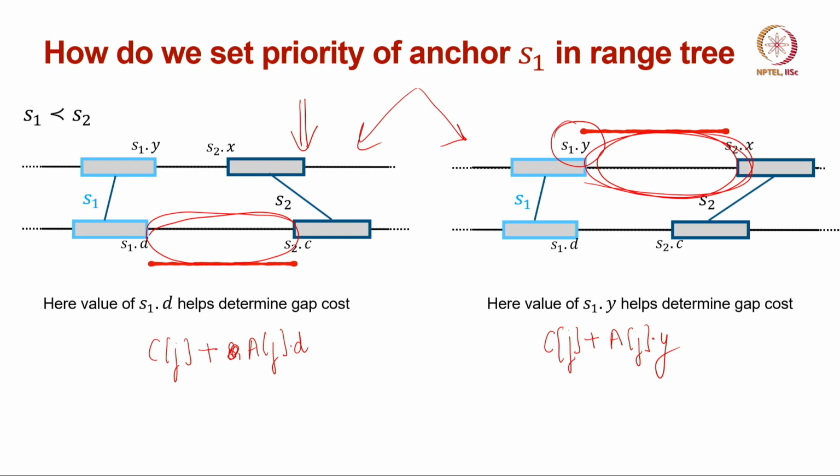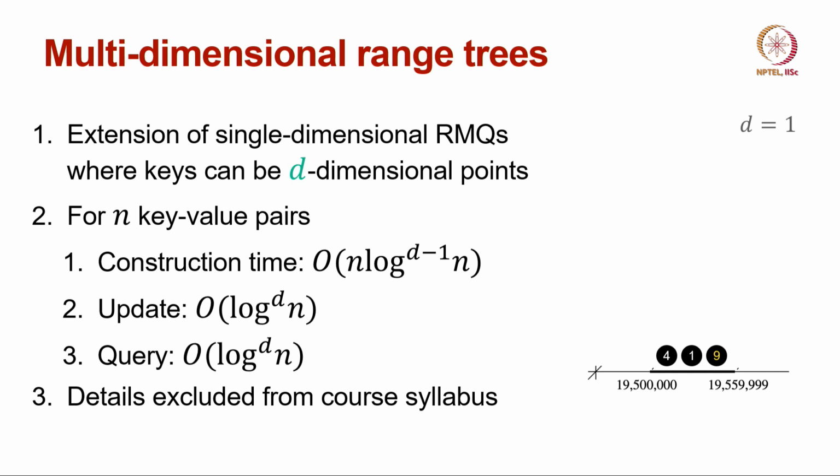Now, the idea that would help us here would be a multi-dimensional range tree. So far we have used single dimensional range trees where our keys would be single dimensional. So, for example, if my keys are single dimensional, I can ask a range within that key and I can pull out the maximum value in that range.